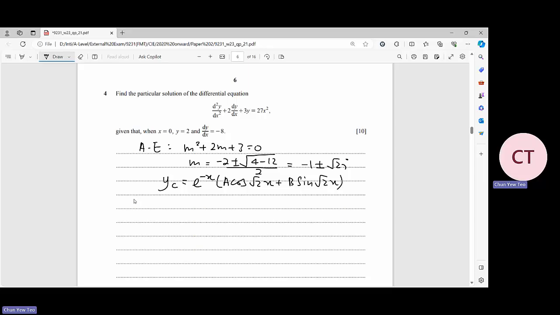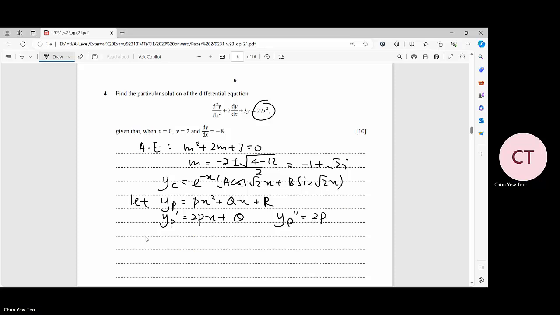Now we find our particular integral, yp. This is a quadratic, so we assume that yp is px squared plus qx plus r. Then yp prime equals 2px plus q, and yp double prime will be 2p.